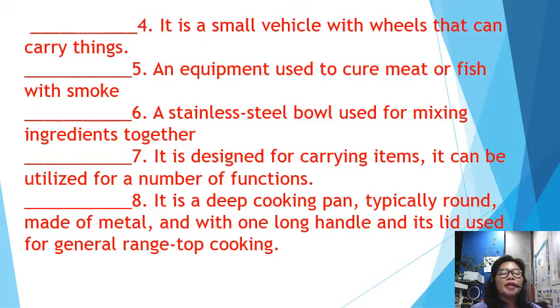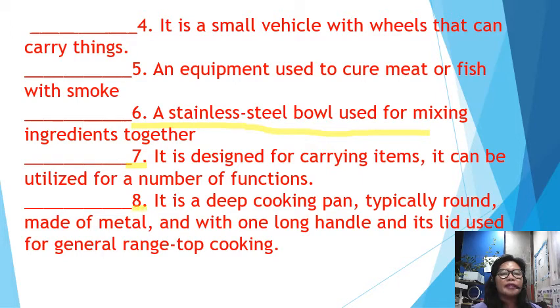Number 5, an equipment used to cure meat or fish with smoke. Number 6, a stainless steel bowl used for mixing ingredients together. Number 7, it is designed for carrying items. It can be utilized for a number of functions.